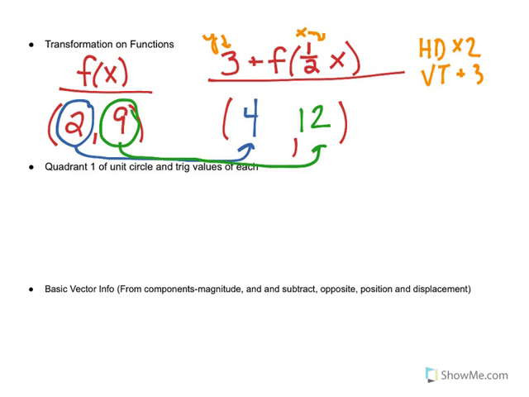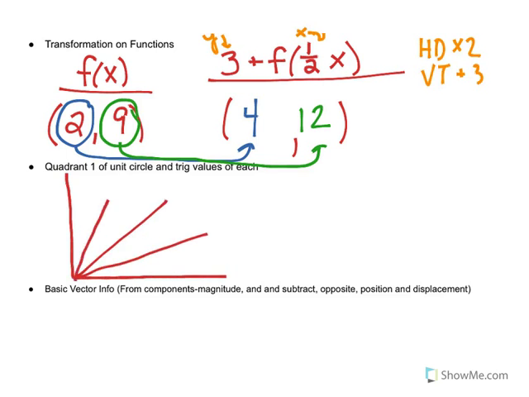Okay, the next one, there's not much help I can give you other than to make sure you know how to sketch quadrant 1 of the unit circle and get information about sine, cosine, and tangent from there. So the big thing is to make that unit circle correctly. I start by knowing the point (1, 0) is on there and the point (0, 1) is on there. Now I know how to go up from here, because in the x direction it starts at 1 and goes down to 0.